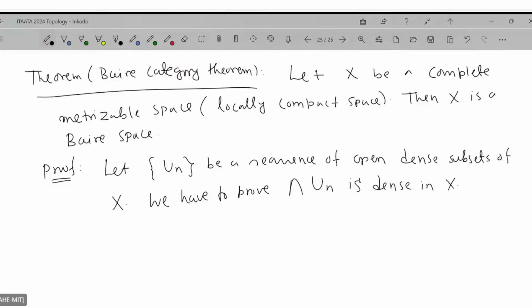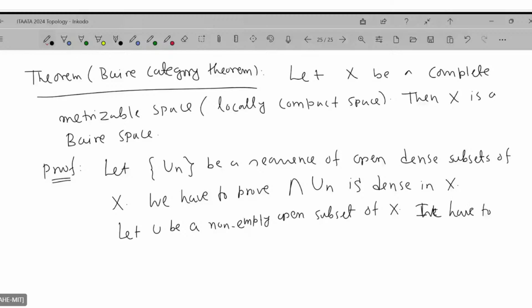So it is sufficient to show: let U be a non-empty open subset of X. We have to show that U intersection the intersection of U_n is non-empty.